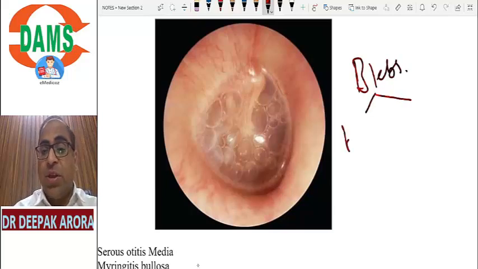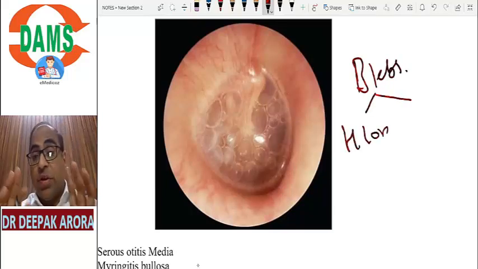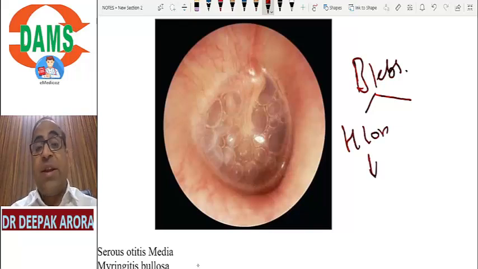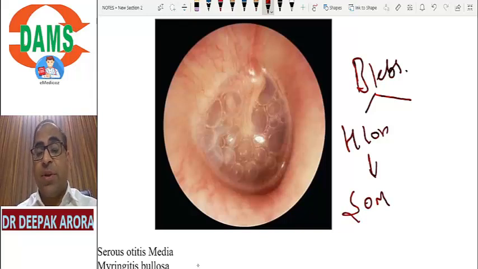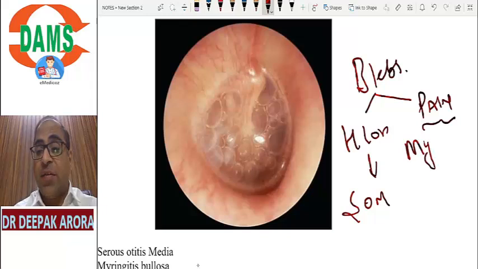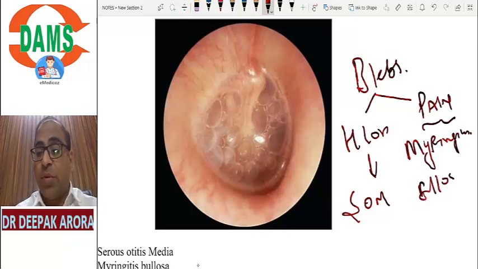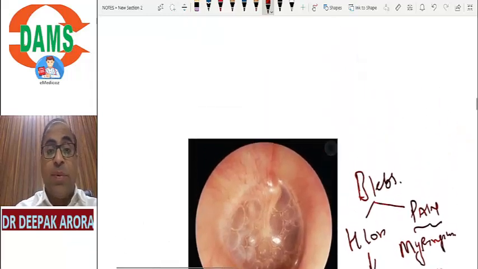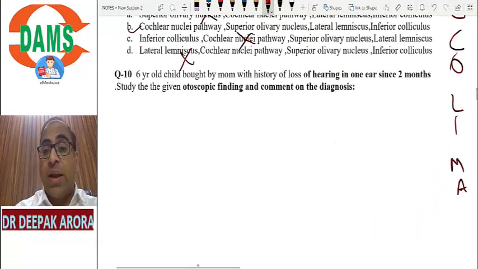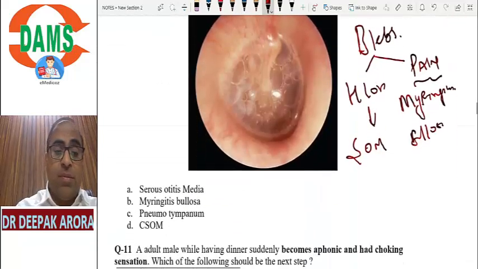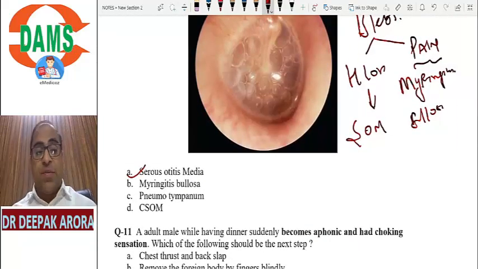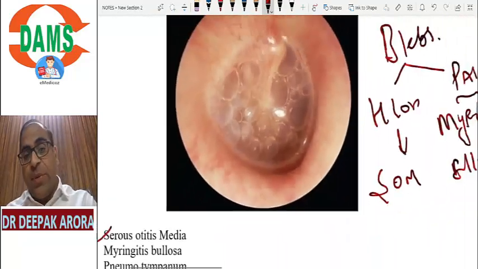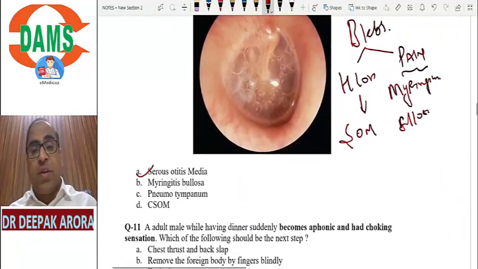Just remember, if the presenting symptom is hearing loss, I will go for serous otitis media, and if the patient is having pain, we will go for myringitis bullosa. So the best answer in this MCQ is serous otitis media with hearing loss. This is a typical finding of serous otitis media.